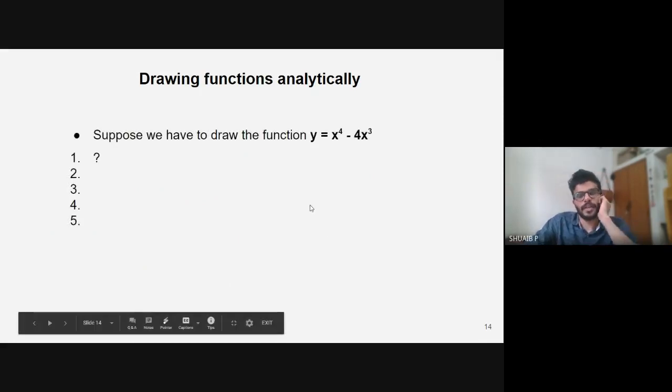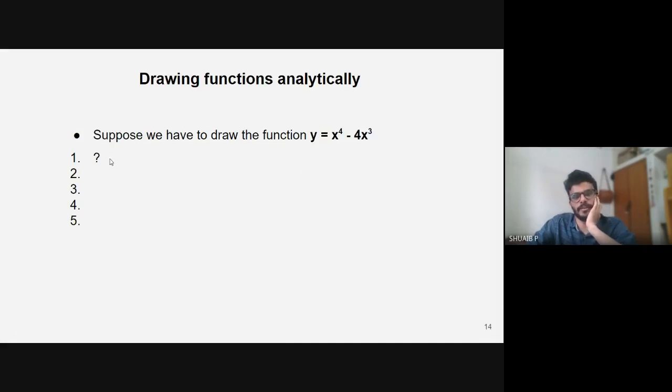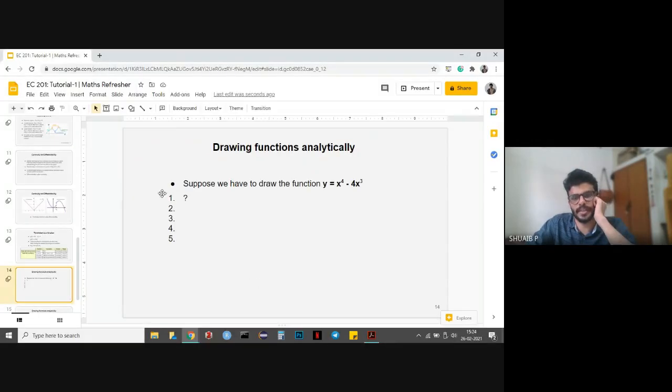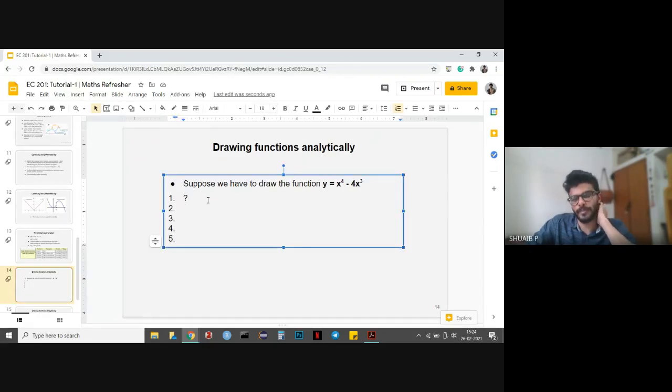So now we can think of how, if we get a function, we go ahead with plotting that function. Keeping in mind the concepts that we learned till now, what would be the first thing that we'll be looking into in this function to plot it on paper?